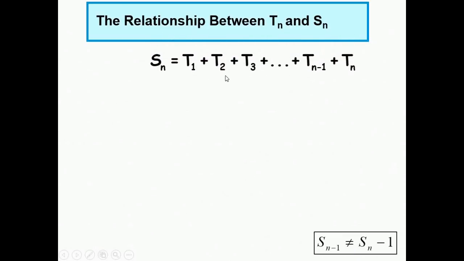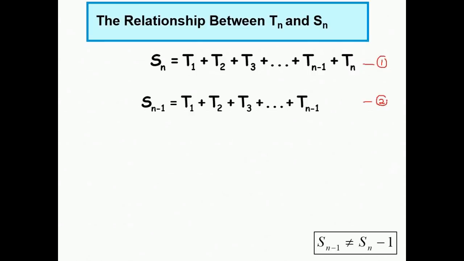So now we want to find the relationship between Tn and Sn. So Sn is equal to T1 plus T2 plus T3 until Tn. The Sn minus 1 is T1 plus T2 plus T3 until Tn minus 1. Assuming that this is the first equation, then this is the second equation.